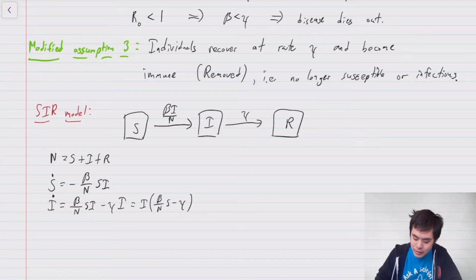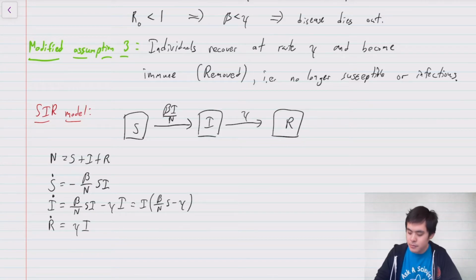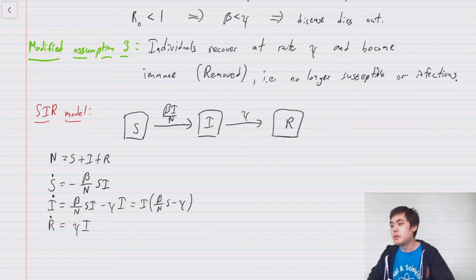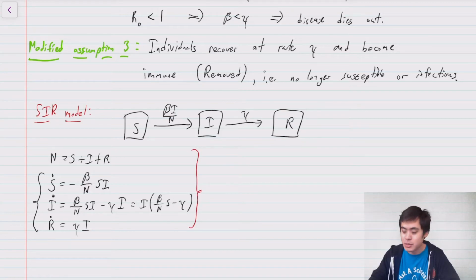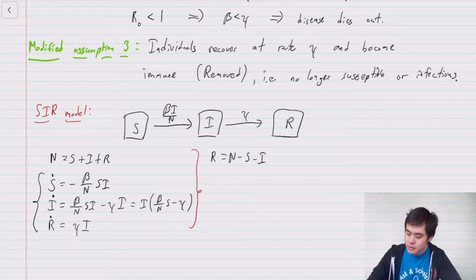And we have R dot is going to be equal to gamma I, because that's the rate at which individuals become recovered. So we have the system of equations, and of course we can simplify it a bit into a system of 2 equations because we know we have the constant population assumption. So we know that R is equal to N minus S minus I.